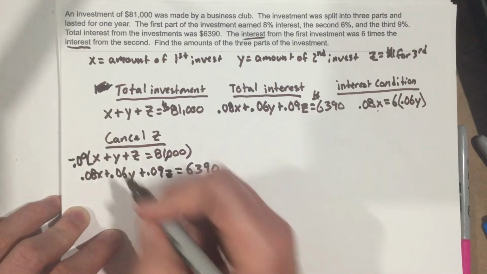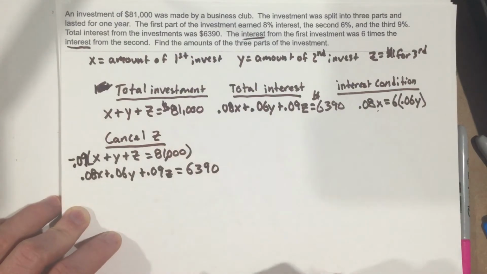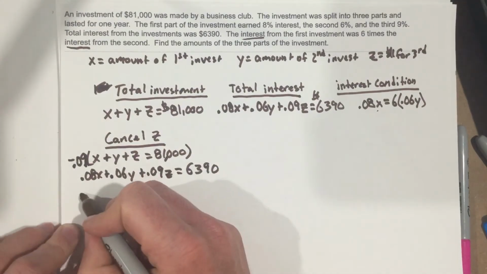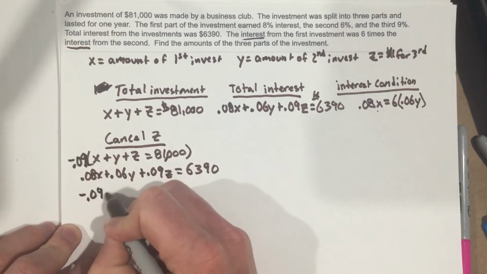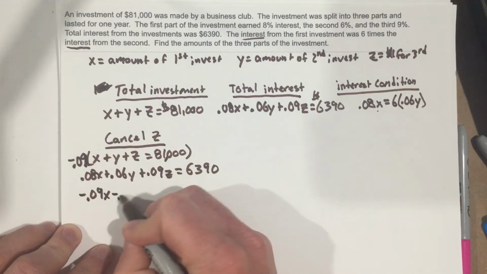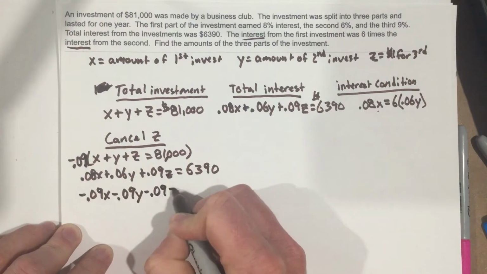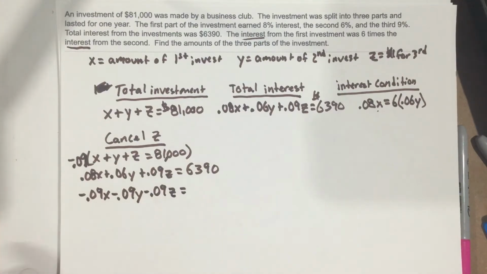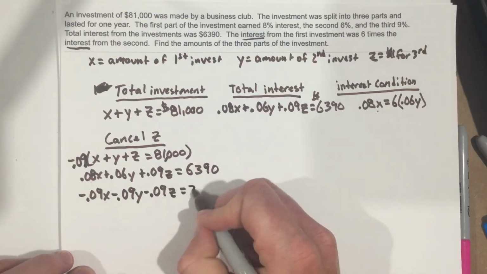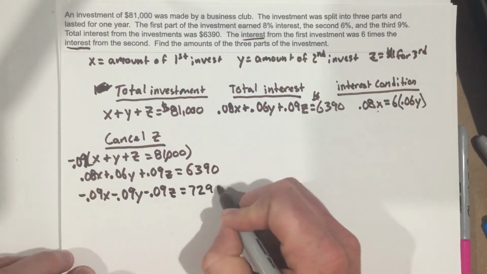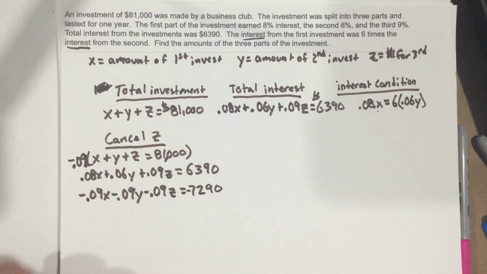So that gives you negative 0.09x minus 0.09y minus 0.09z equals 9% of 81,000, which is 7,290, but it's negative because I multiplied by negative 0.09.